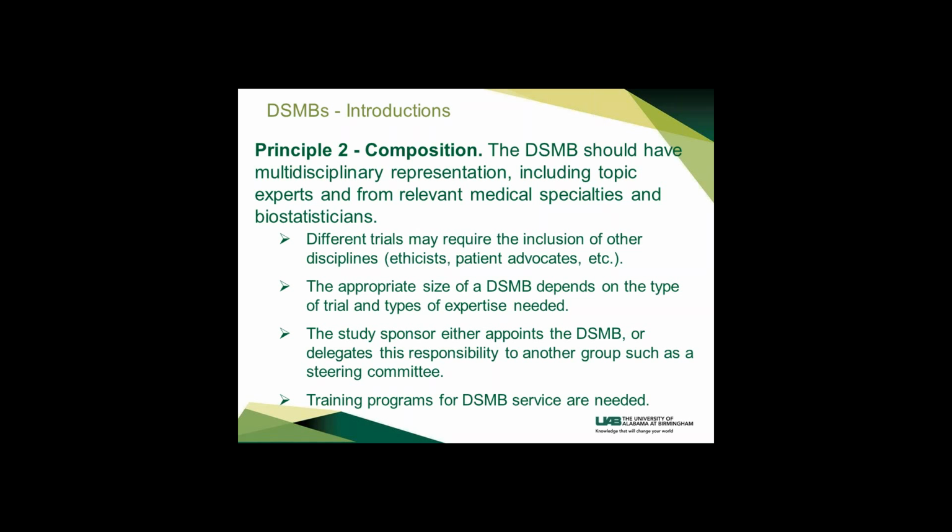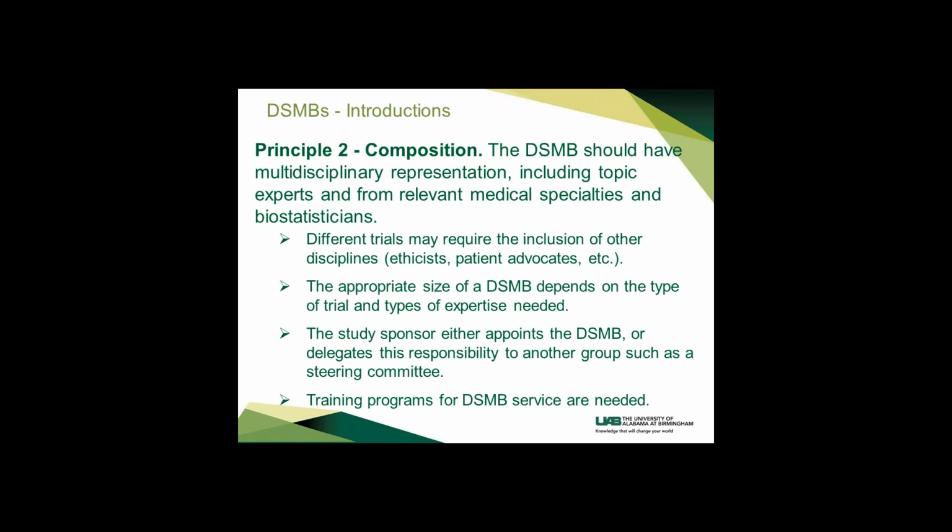Typically, either the study sponsor appoints the DSMB. So if you're doing a phase 3 multi-center trial that's NIH sponsored, they will appoint your DSMB for you. If you're doing a small study in a single site, then you might get to choose your DSMB. The studies I'm involved with in psychology, we choose our DSMB, and it's usually just 3 people, and we meet very informally.